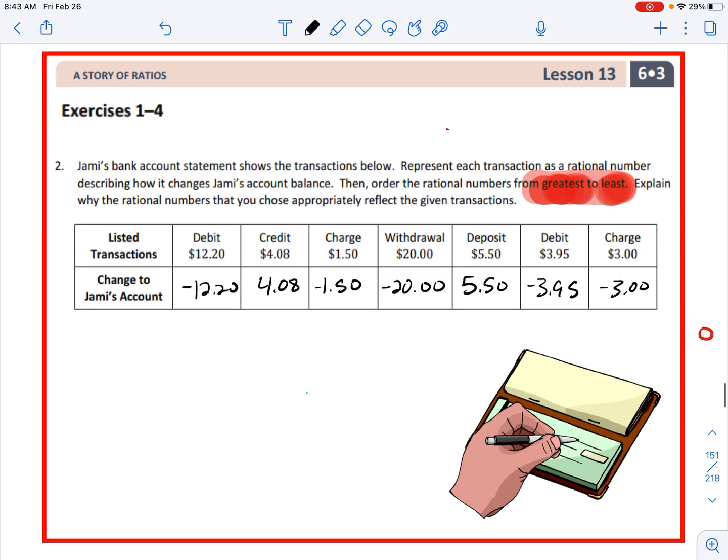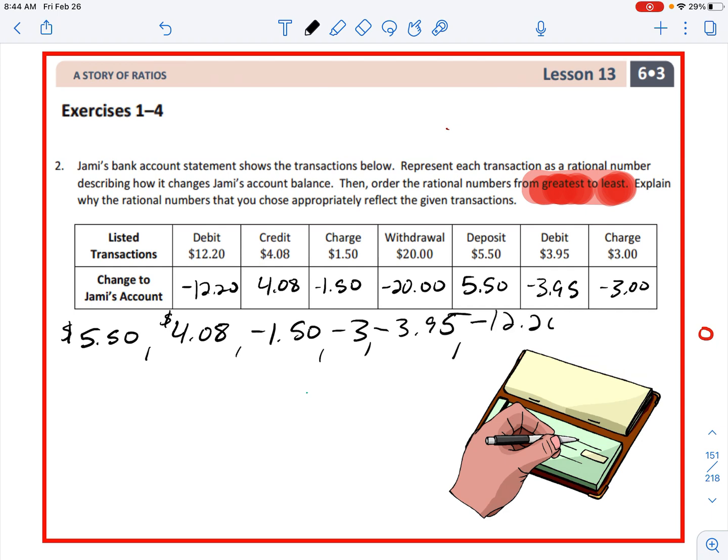So what we have is $5.50, $4.08, negative $1.50, negative $3.95, negative $12.20, and negative $20. Okay, that's your order from greatest to least.